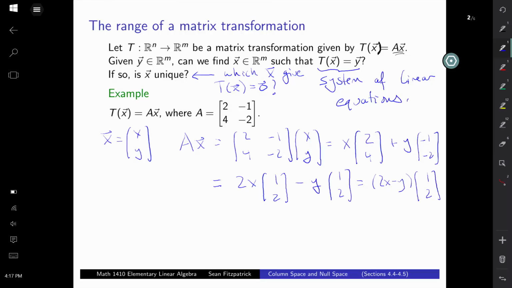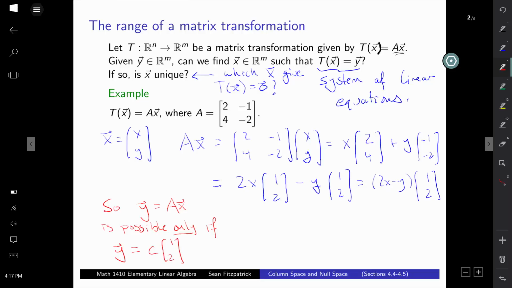And so what this tells me is that the only way that y can equal A times x is if y is some scalar multiple of this vector (1, 2).